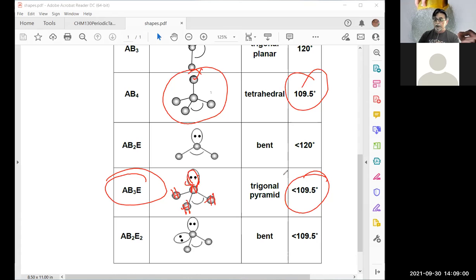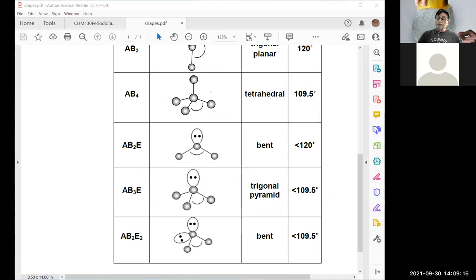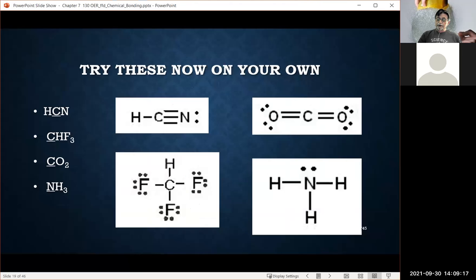It's basically what I can say. Its name is trigonal pyramid. Okay, much different than the tetrahedral. All right, and that, by the way, folks, is the formula for something you may have smelled before as ammonia. Okay, ammonia.